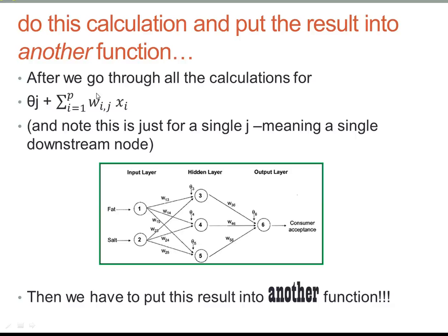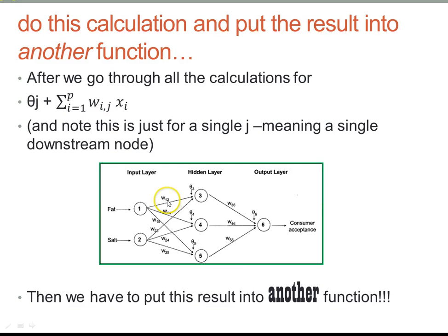So those three lectures are pretty complicated, and this is one of those. But anyway, we're going to get a number as an input in here, and then we have to put it into one more function.